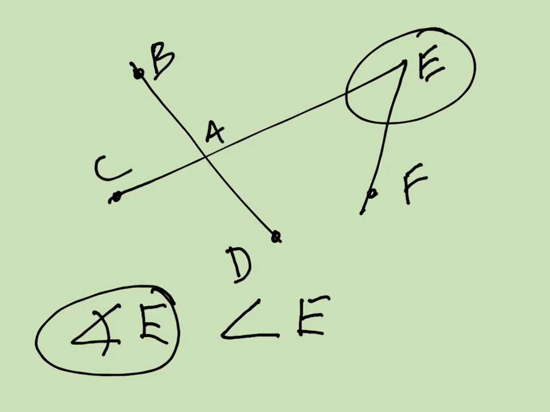Some people say, oh, no, angle A is this one right here. But really, angle A might be this one, because that A is really only referring to this intersection point right here. It's not where the letter A is written. So angle A could be any of those angles. It could be this angle, it could be this angle. So how do we know which angle we're talking about?